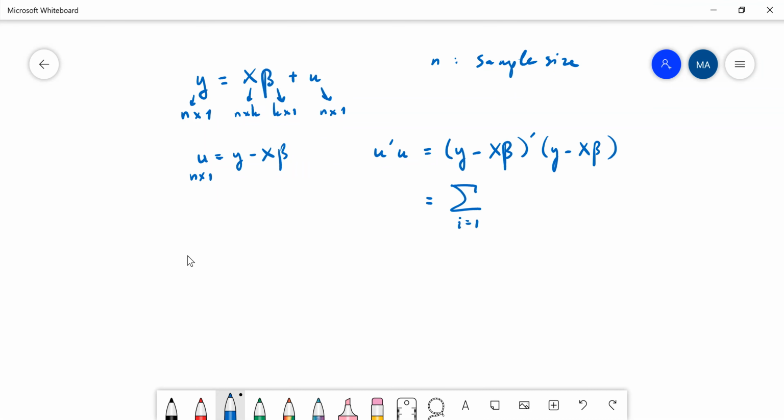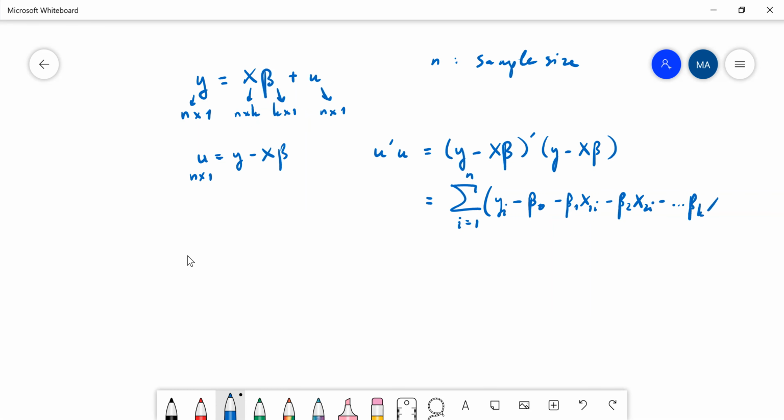So if you have observations, for each observation, you have yi minus beta 0 minus beta 1 x1i, beta 2 x2i, right?